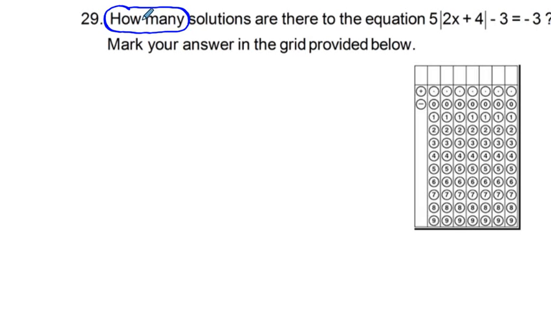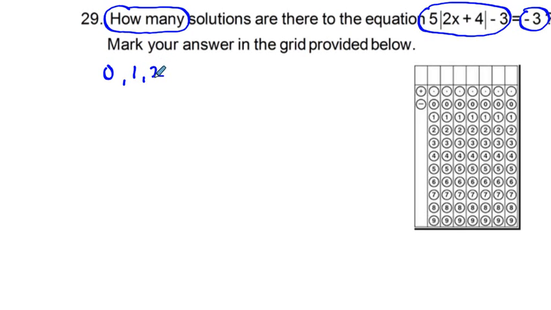So let's go ahead and enter this in the calculator to see what it is. Now, already we should know that our possible answers are going to be 0 for none, or 1 or 2.